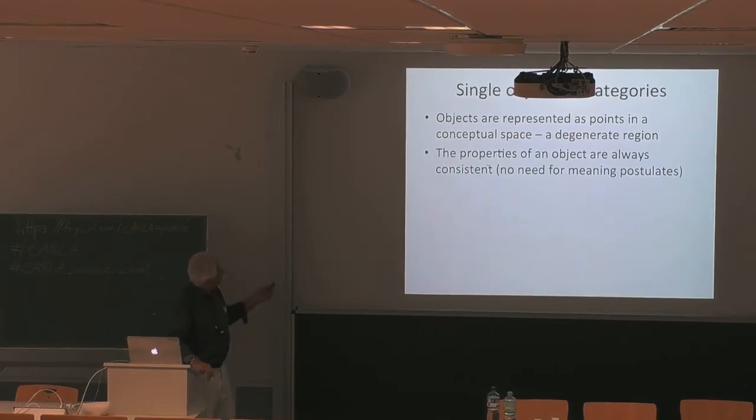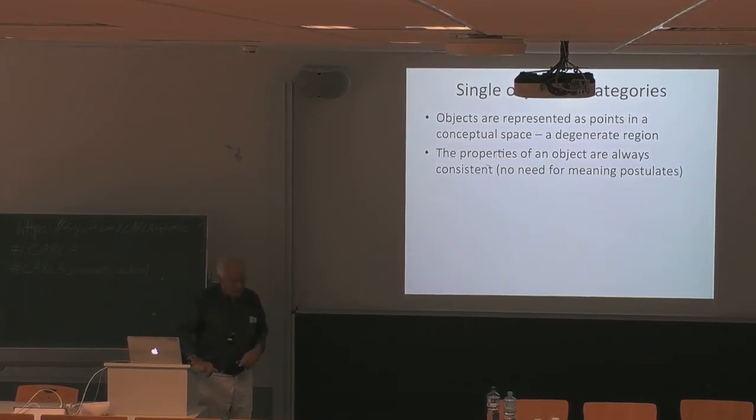The important thing here is that the properties are always consistent. You don't have an object that is both red and green. You don't have an object that is both hot and cold, and so on. As a point, you have some kind of consistent combination of properties.